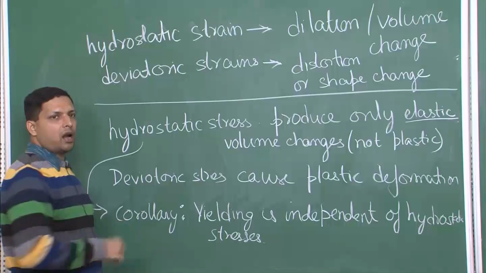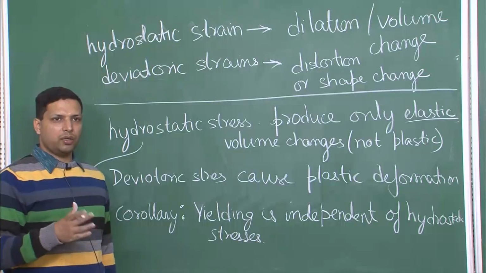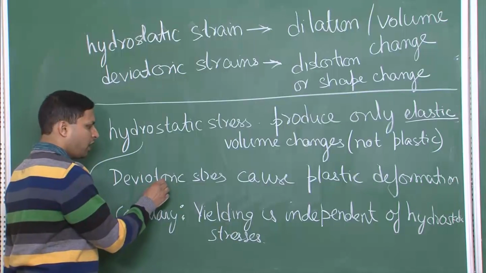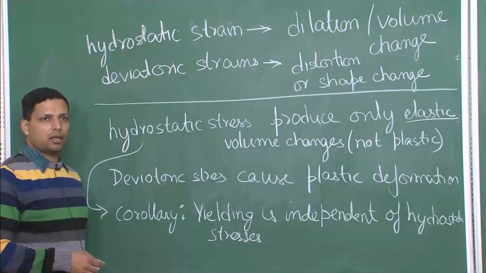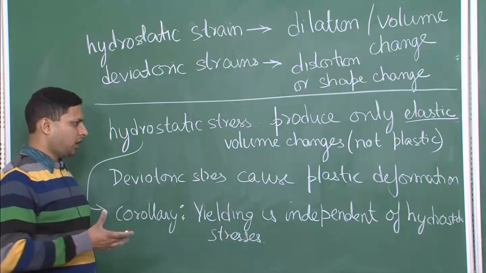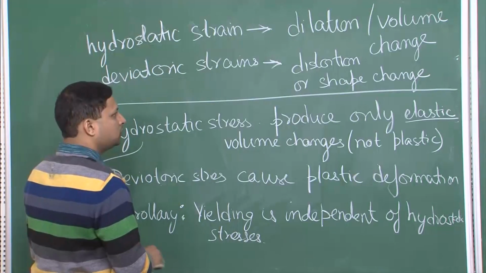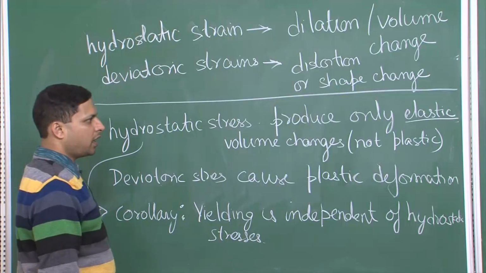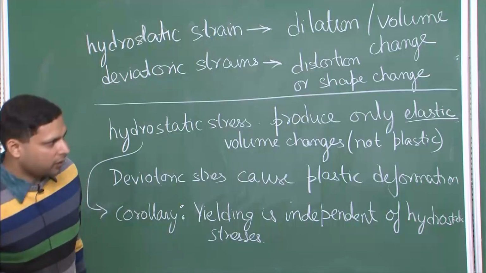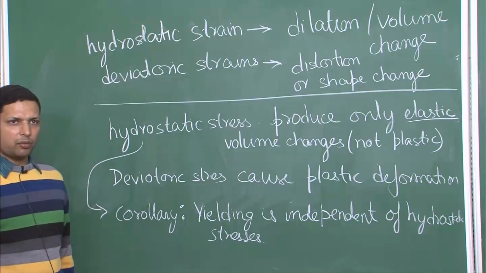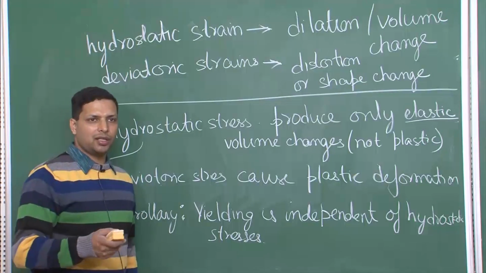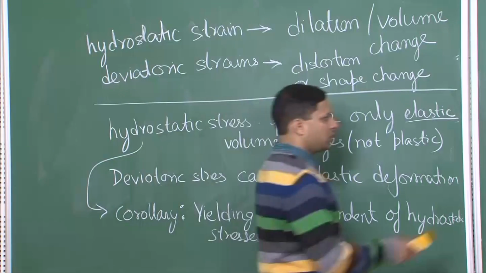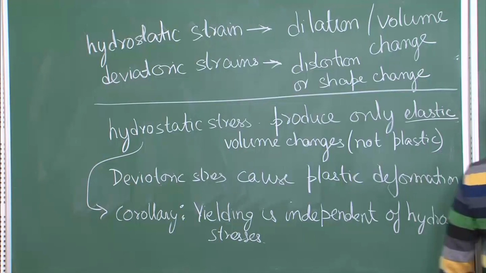You may have very large hydrostatic stresses, but it does not mean that the material will yield or deform plastically. Only when you have deviatoric stress components in the material will it actually start to deform. Now, having said that, let us try to understand what is yielding. We have so far always been talking about deformation, and deformation is plastic in nature, and that plastic deformation takes place once the material starts to yield. So, now let us look at yielding.